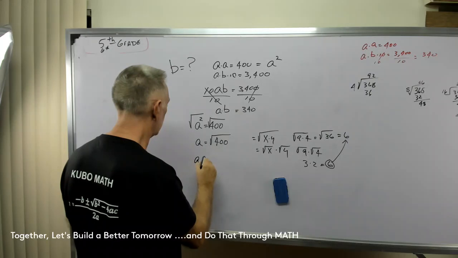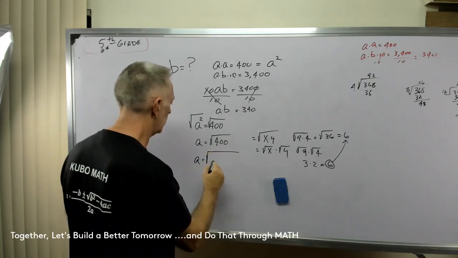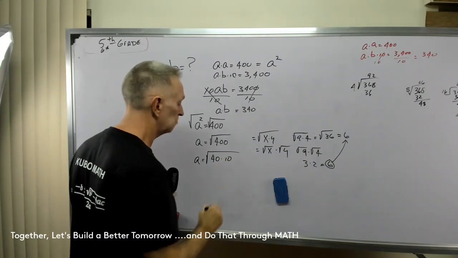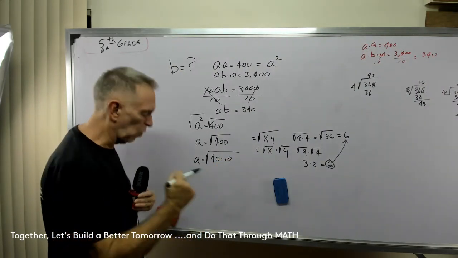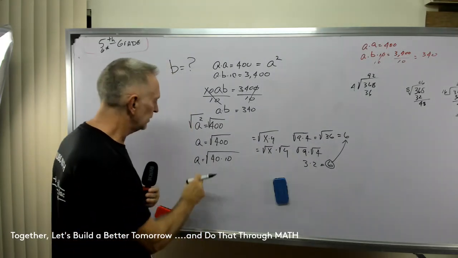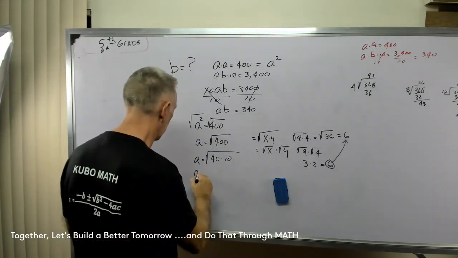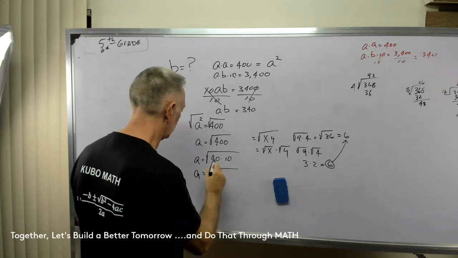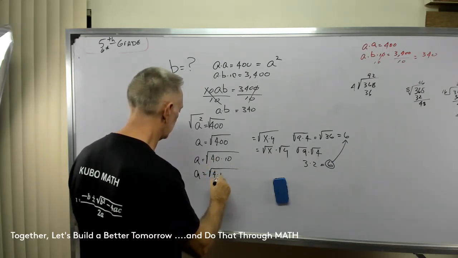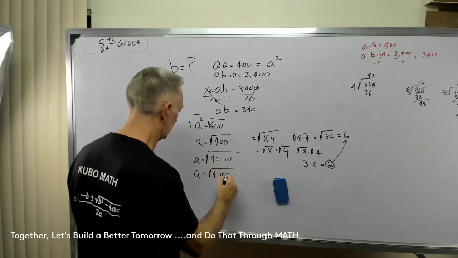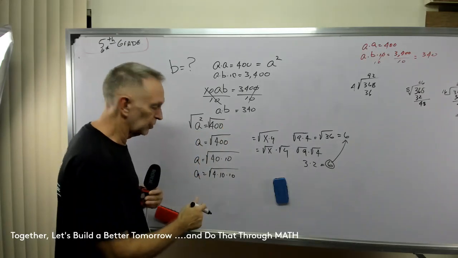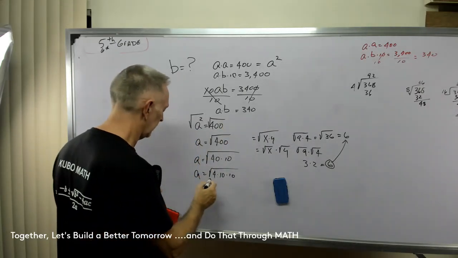So A equals the square root of 400, which is what? 40 times 10. Hey, and you're thinking, well, what? We're not there yet, so no, not yet. Okay, so A equals the square root of 4 times 10 times this 10, which was 4 times 100, which I should have probably just jumped to already.